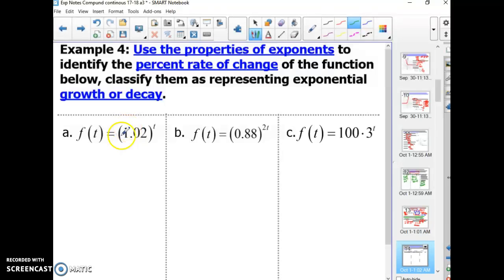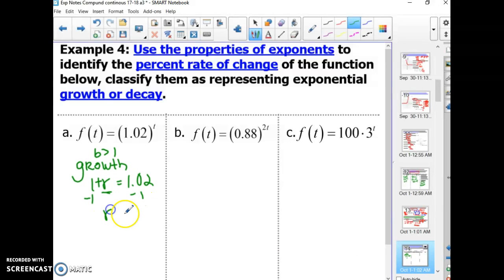Looking at this, it's bigger than 1, so I know it's growth. 1 plus that rate should give me 1.02. To solve for my rate, I can minus 1 from both sides. So I know my rate is 0.02. Converting that to a percent, which is 2%. Both of those would be okay as an answer. You can also think of it: 1 plus r is equal to 1.02, so I just need to add 0.02 to get it to match.